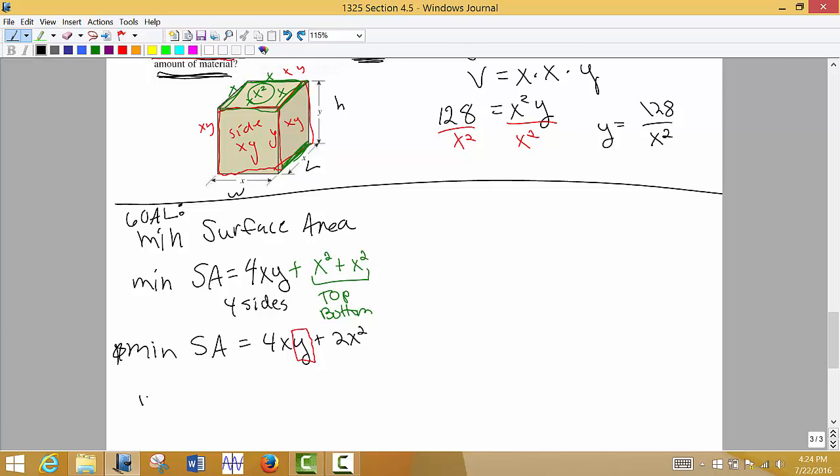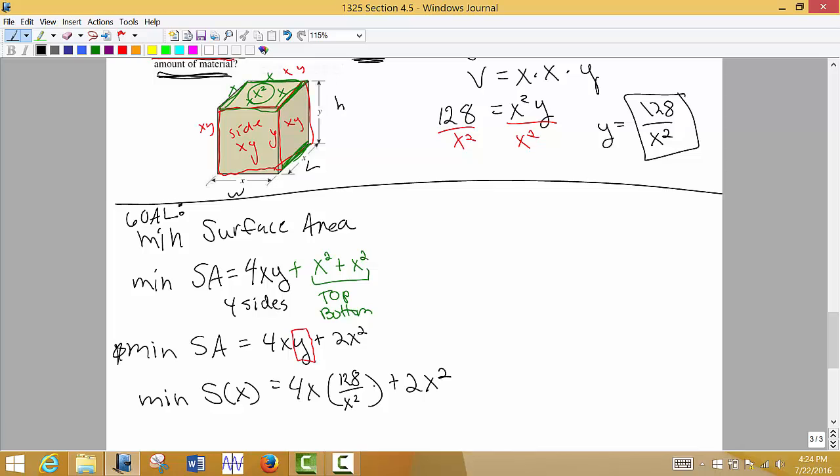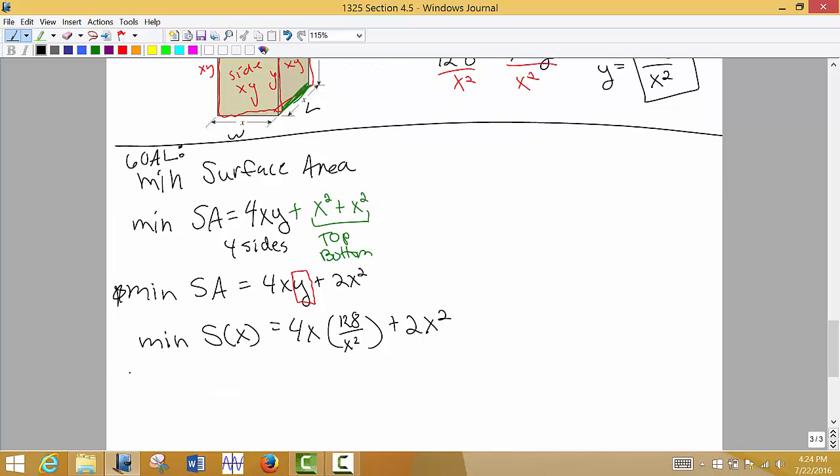Okay. So when you write your equation, I want to see that you're minimizing. So give me the minimum. And then we'll just call this a function of s. We'll say surface area s of x equals, let's say 4x times y, which we know what y is now, plus 2x squared. So the y value now, we're going to replace y with 128 divided by x squared. So now we have our equation all in terms of that one variable.